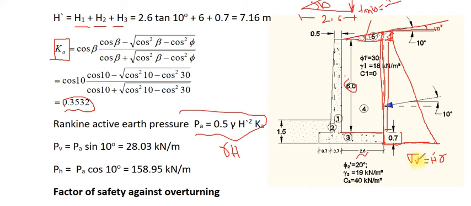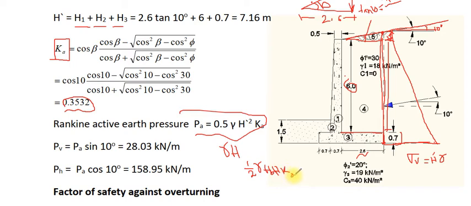If we want to compute the resultant, we have to use the area of this triangle. The stress H dash gamma is multiplied by H over 2, like the area of a triangle. Therefore, P active equals 1 over 2 gamma H multiplied by H multiplied by K active.